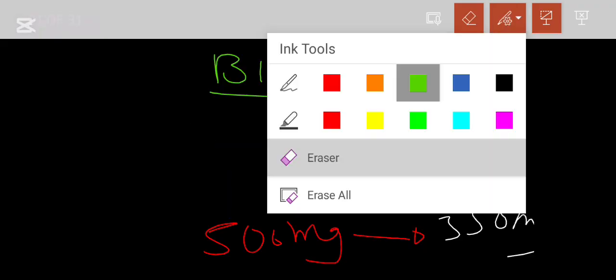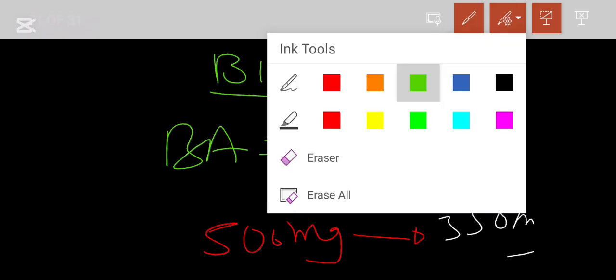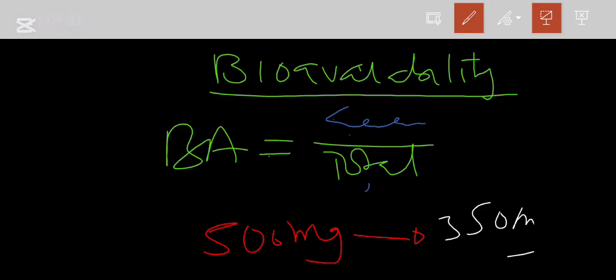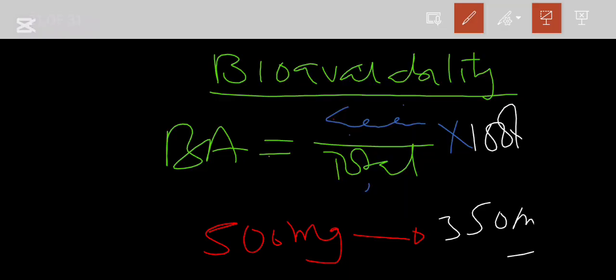So by BA, this is just my formula, by the way. We are going to say total given multiplied by 100%.